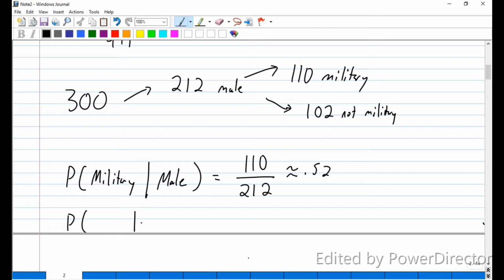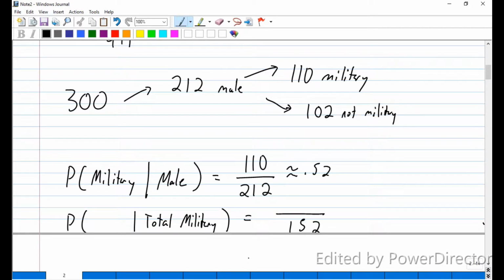We were told that there were 152. So I guarantee you, part over total, the bottom is going to be 152.